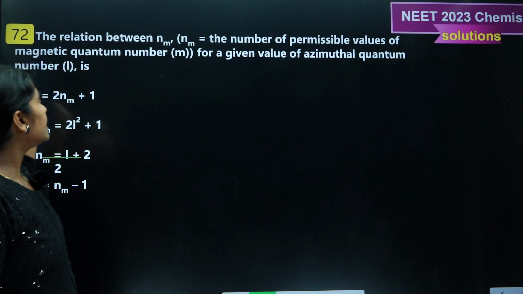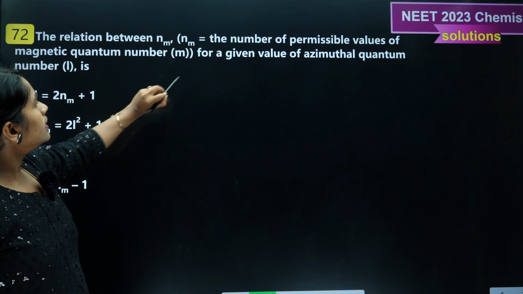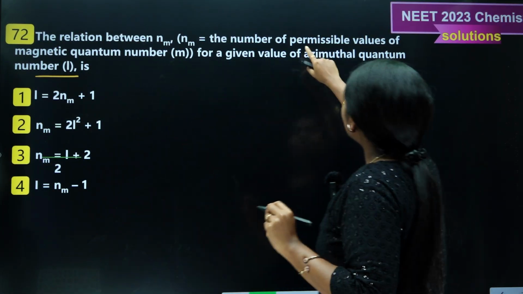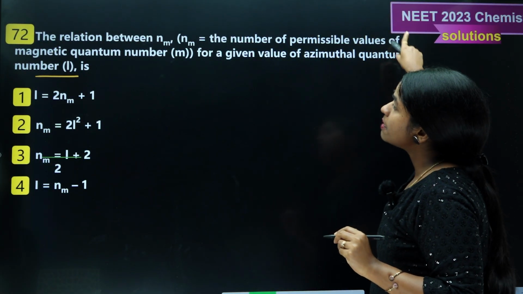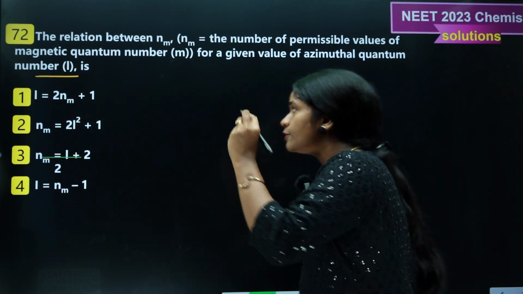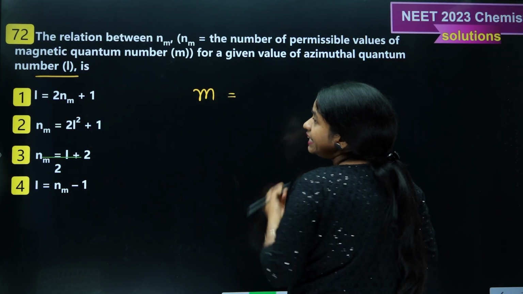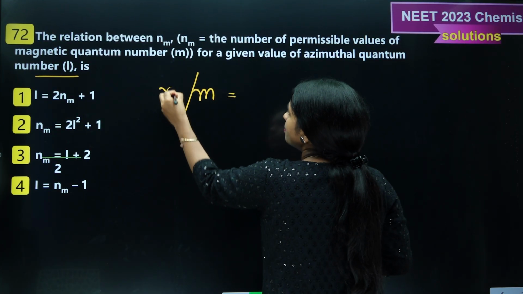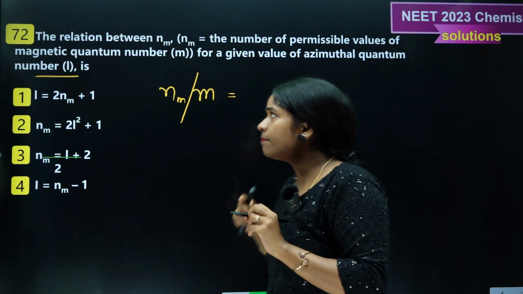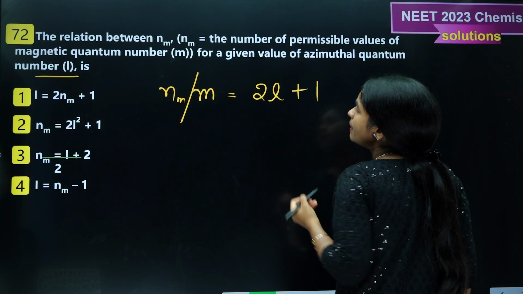Is it clear? See the next one. The relationship between NM and L: they were asking, what is NM? NM is nothing but the number of permissible values of magnetic quantum number. So the M values depend on L. Formula is 2L plus 1.